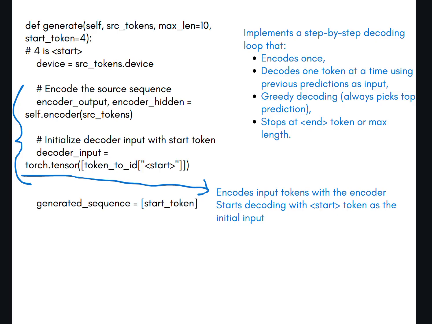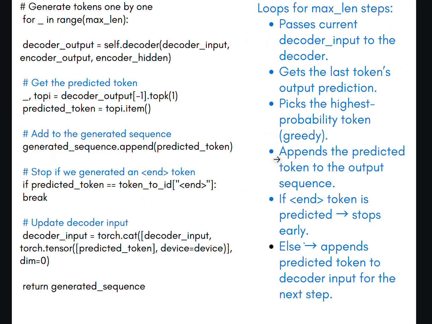What it does is implement a step-by-step decoding loop: it encodes once, decodes one token at a time using the previous prediction as input, and whatever is the top prediction, it picks that. It stops at end or it stops at max token, and it always starts with the start token.